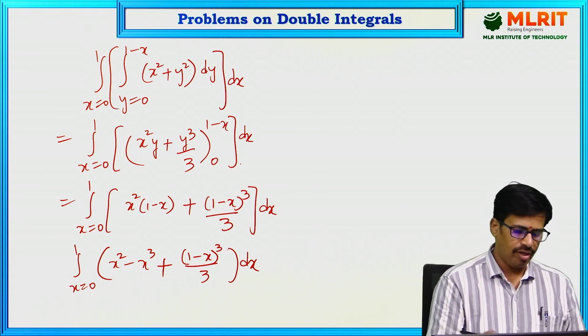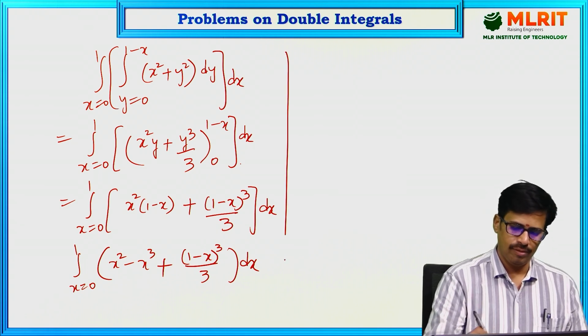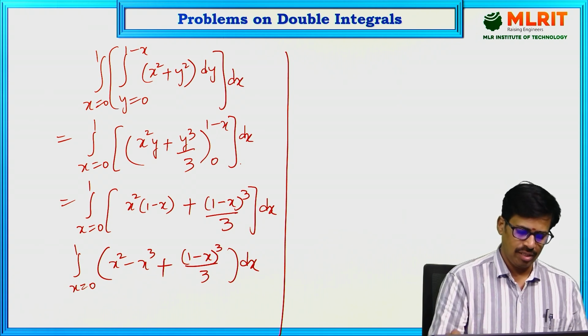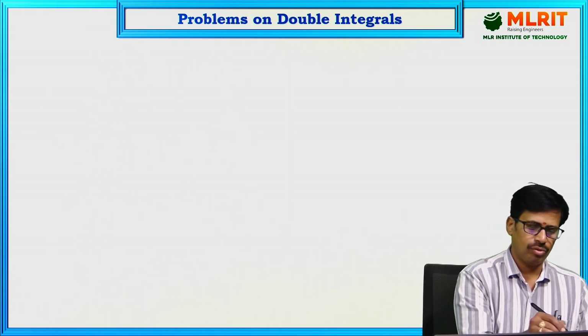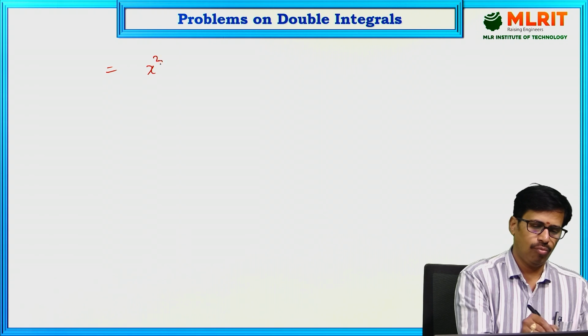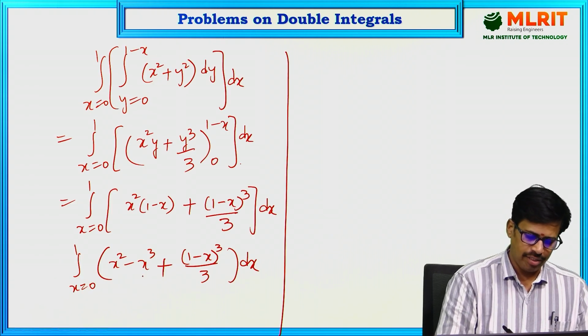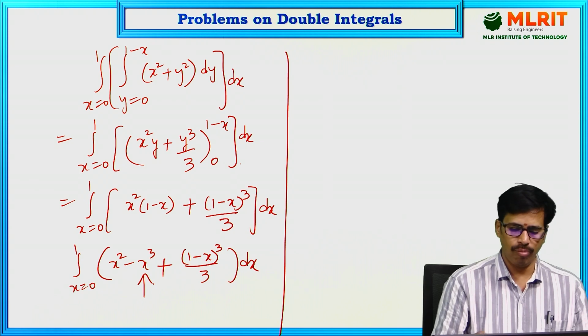So if we evaluate this, x square integration is x cube by 3. So this is x cube by 3 minus x cube integration is x power 4 by 4.